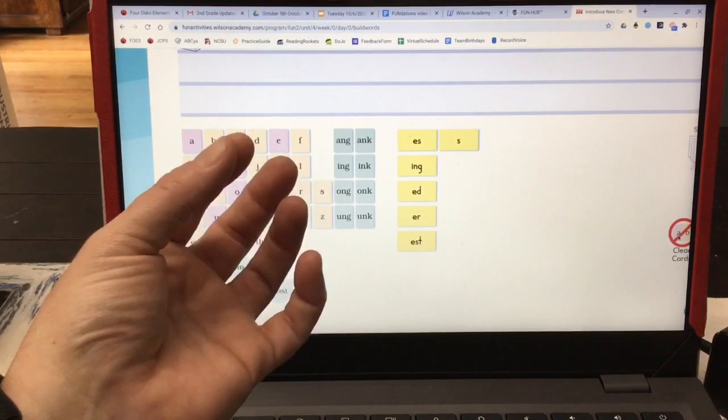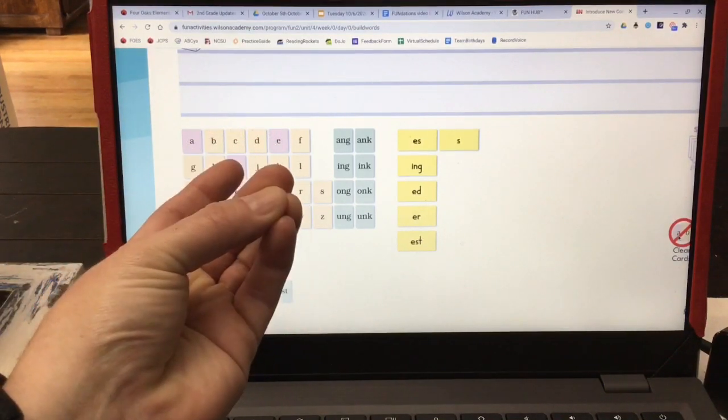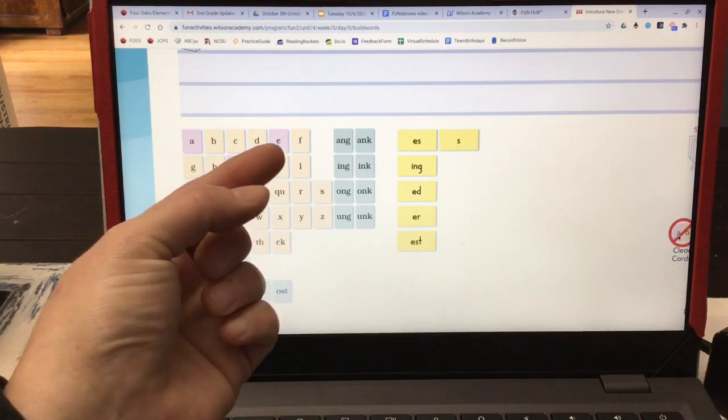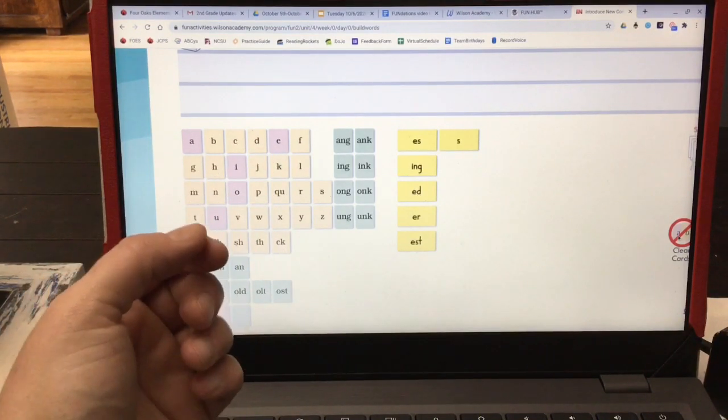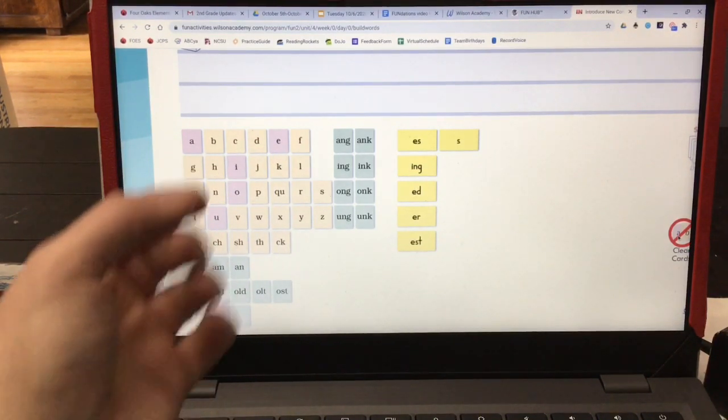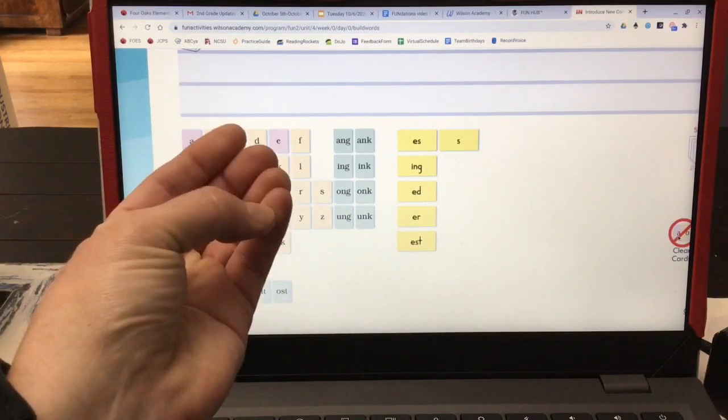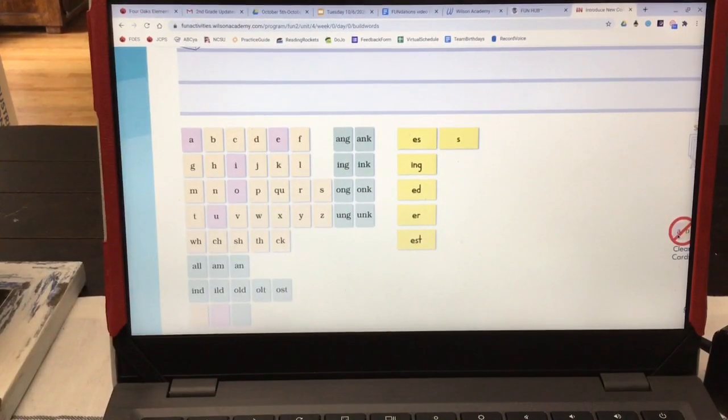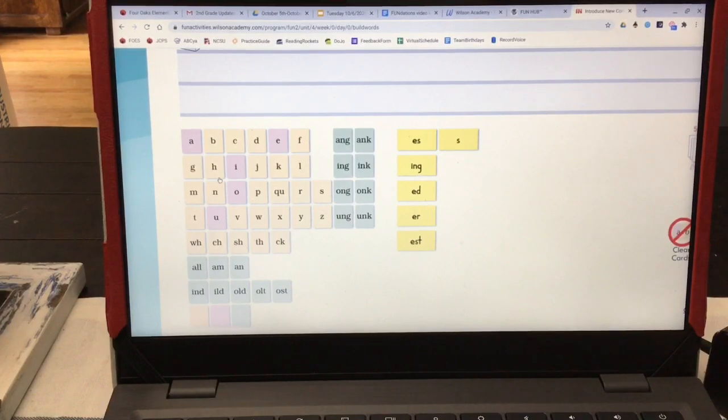Ready? Old. Fold. Oh, do you hear that closed syllable exception, that glued sound old? Old. Fold. Let's build it. Let's build fold. Okay. That's an F, isn't it? Yeah, it sure is.